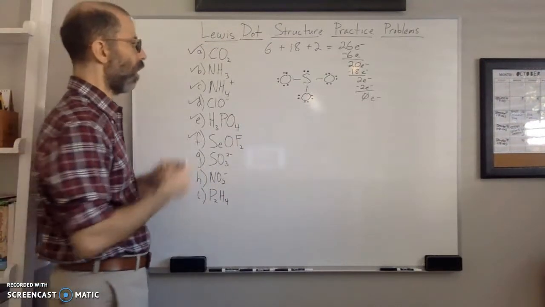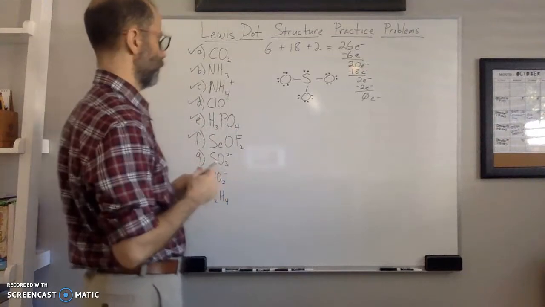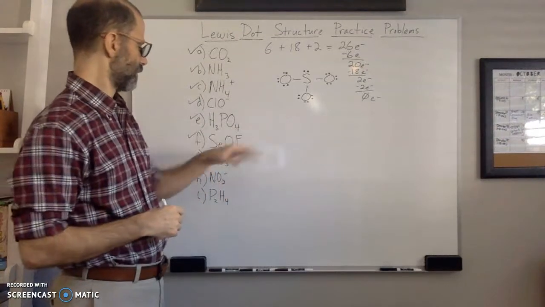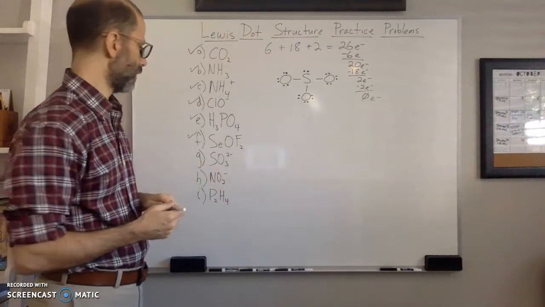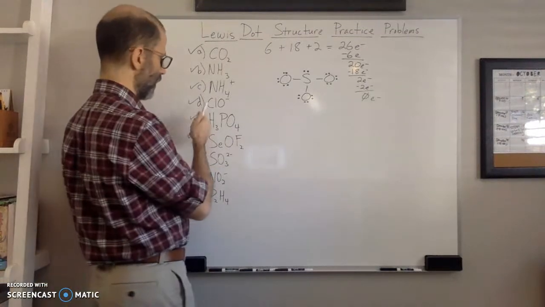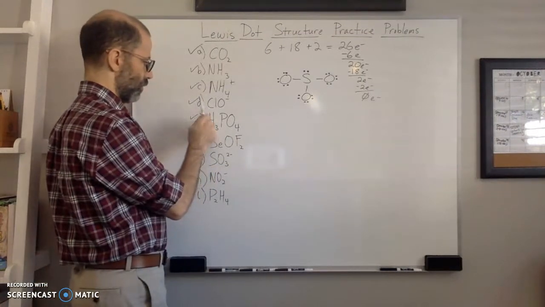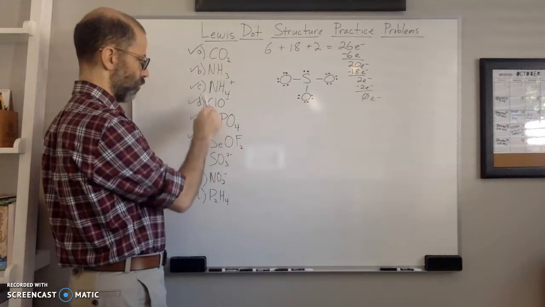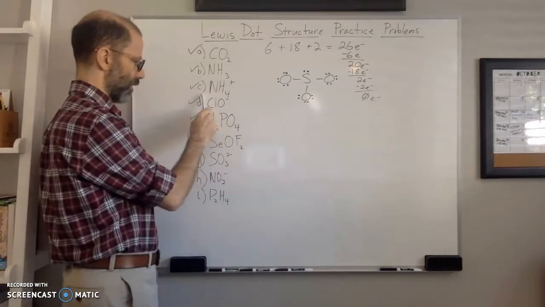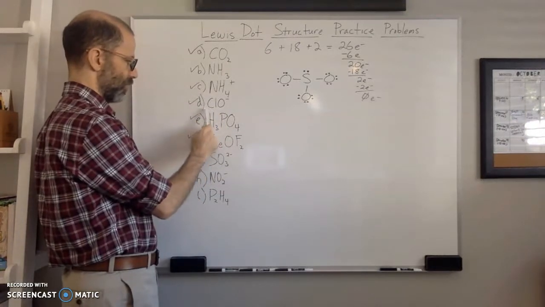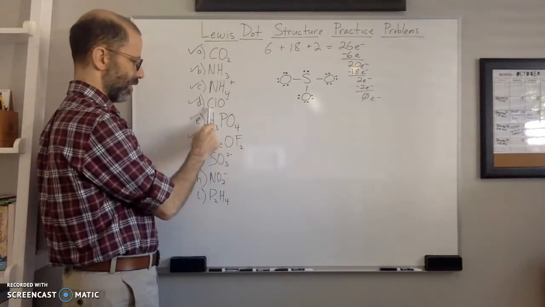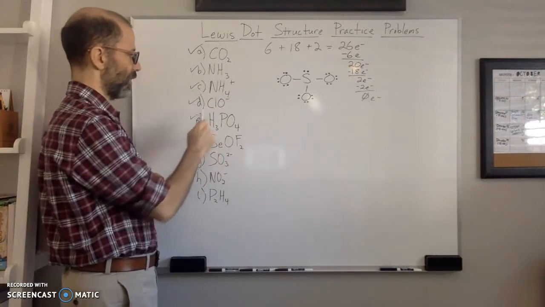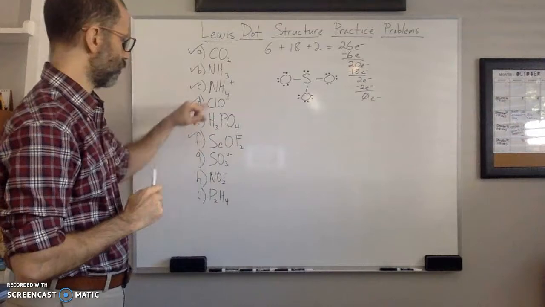Okay, and there's one more thing I almost forgot: since this is an ion and it's a negative ion, we need brackets. And I think I forgot that with the chlorine as well. So in that video, if I forgot to do that, then you should have brackets around it with the negative sign on the outside. Not sure if I forgot to do that or not, but make sure you do that.